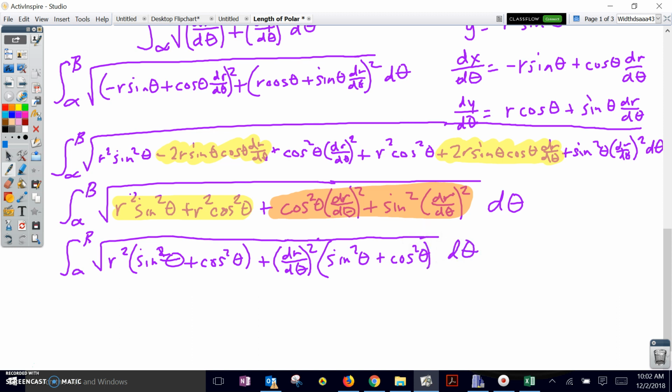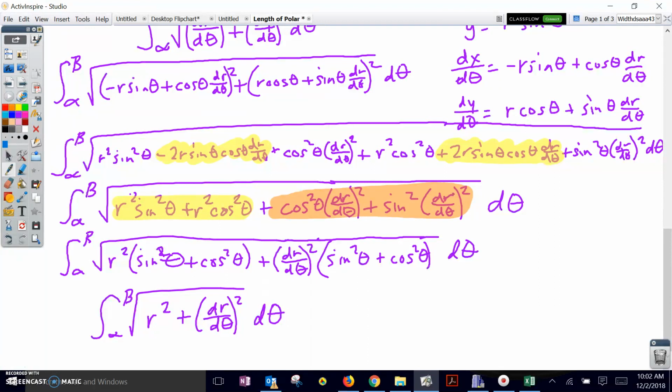And our old buddy Pythagoras is calling again. Sine squared of theta plus cosine squared of theta is equal to 1. And so this turns into the integral from alpha to beta, the square root of r squared plus (dr/d theta) squared with respect to theta. And there's where that formula comes from.